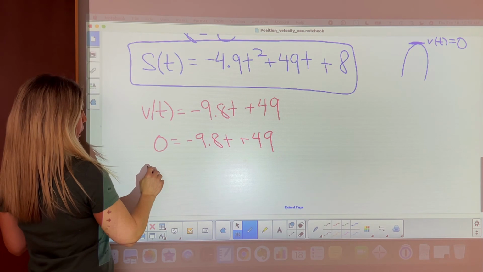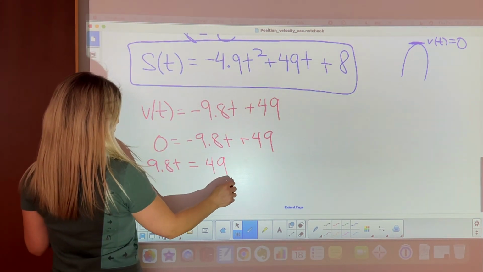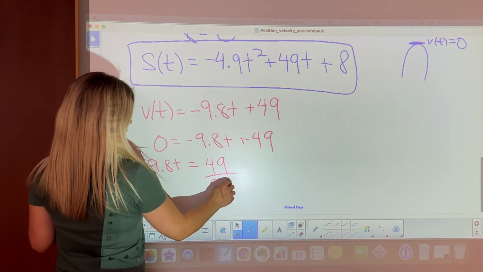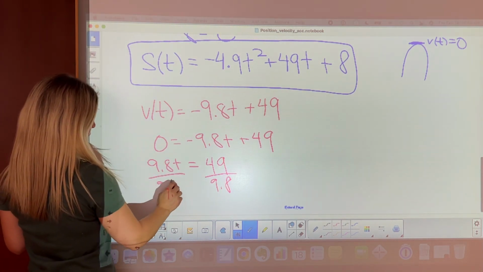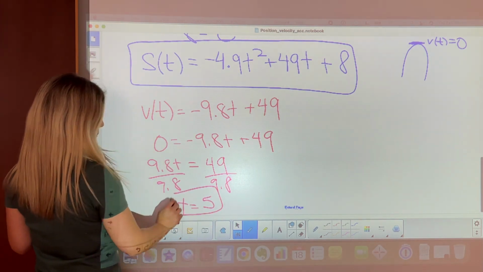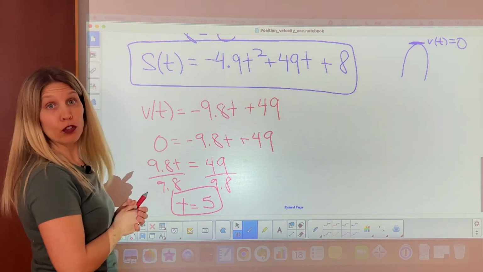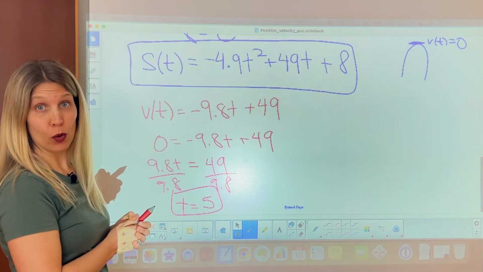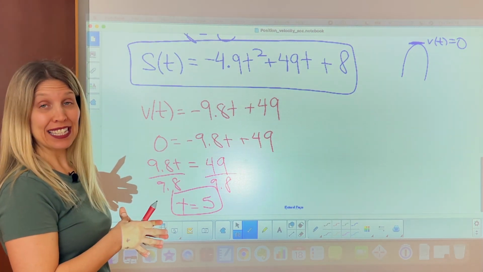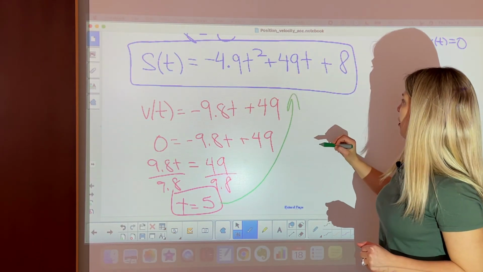So I'll move my 9.8 t to the other side so I can deal with positive numbers, and divide both by 9.8. And t is going to equal 5. So now what we do is go through and put 5 in for t in our position equation to get our height of the ball. So I'm plugging 5 into the t.